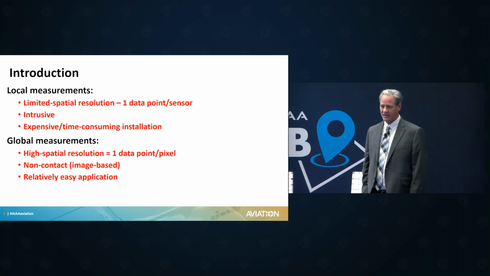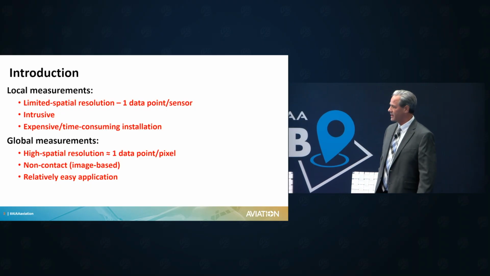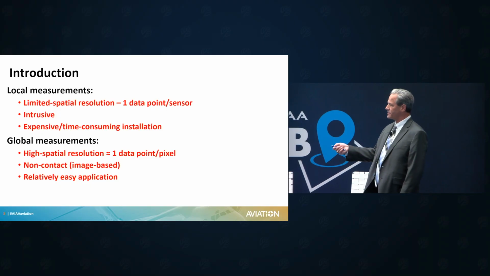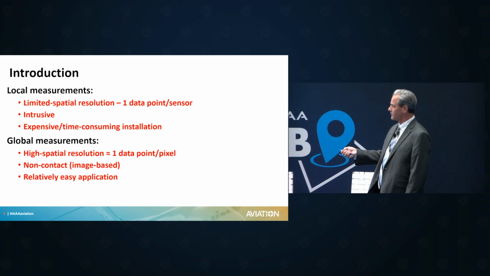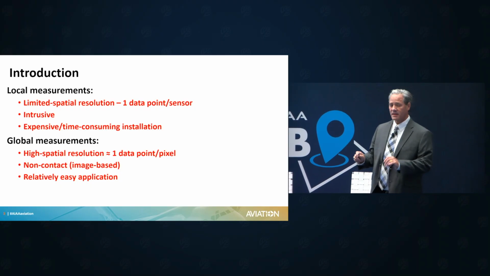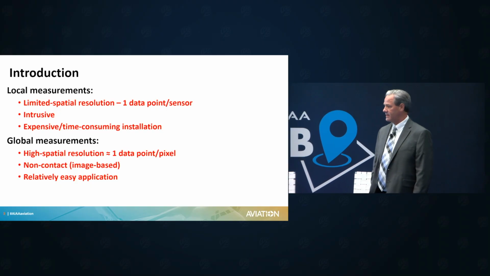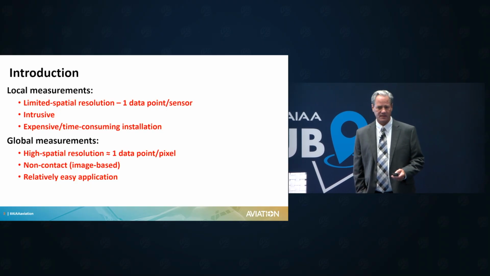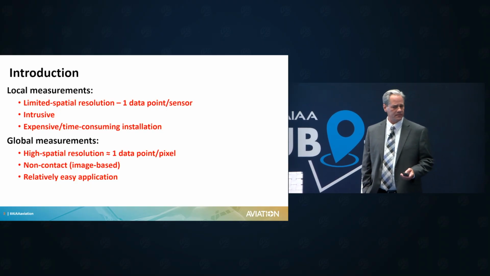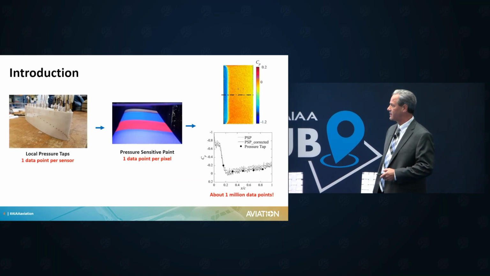The pressure taps need to be calibrated, whereas conversely, global measurements provide a high spatial resolution and typically one data point per pixel, non-contact because it's image-based, and it's a relatively easy application. The image processing is a little bit more time-consuming, but not nearly as labor-intensive as the test methodology.